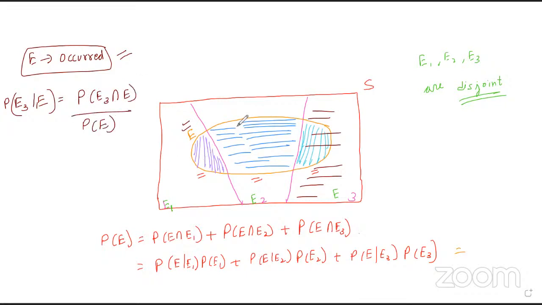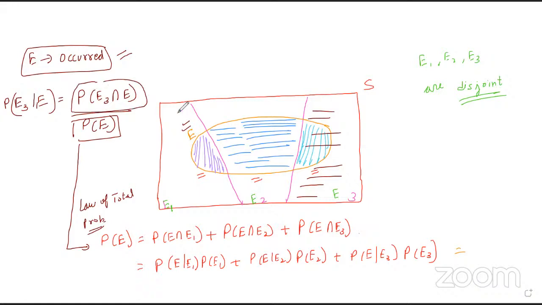This probability of E you have already computed using the law of total probability. And the numerator is nothing but the third term of this equation. Is it clear till this step?